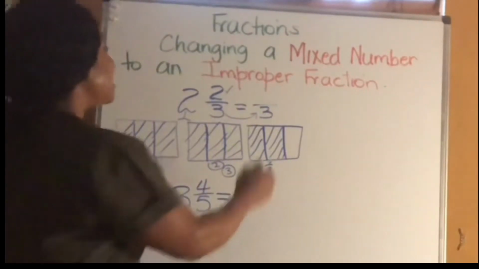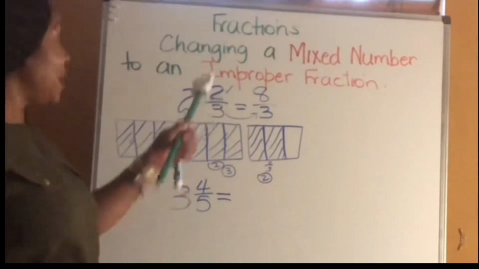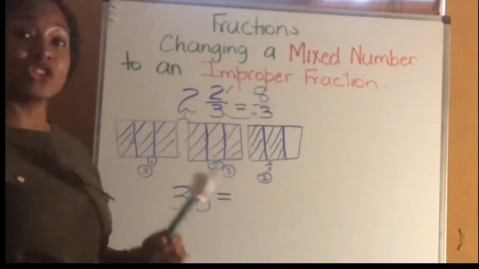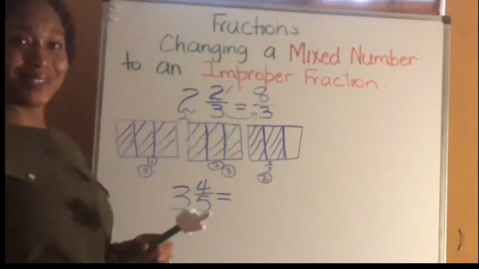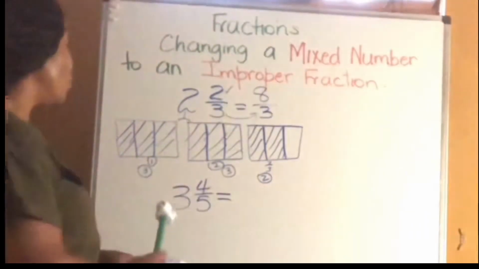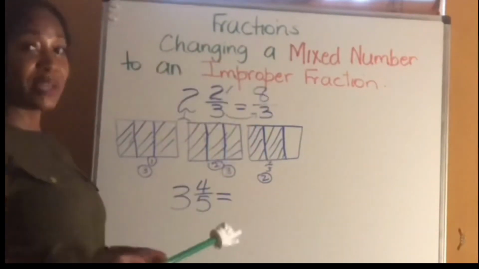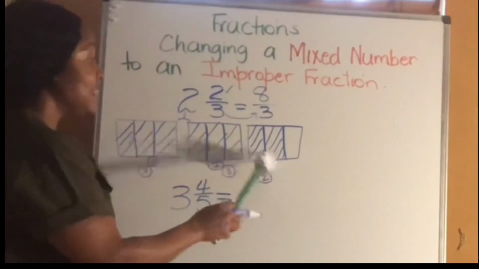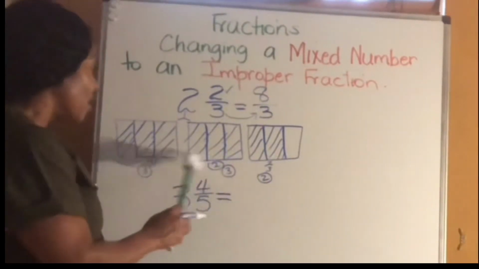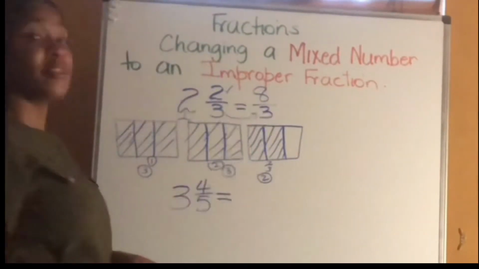So it means that my numerator is 8. My improper fraction, or my fraction greater than 1 whole, is 8/3. So all we do, we count the amount of shaded parts, and that's our numerator, and then each figure is divided into 3 parts. So it means that my denominator is going to be 3.